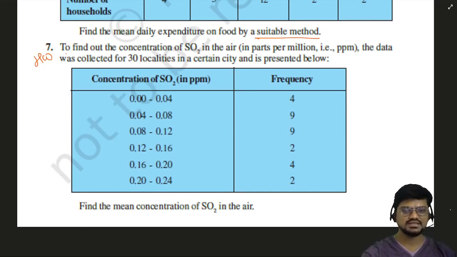I'll show you the ICSE book also, then you will get it. Aditya, you are from ICSE? Whoever is from ICSE, let me show you.